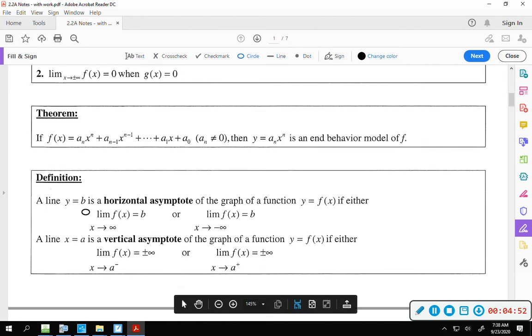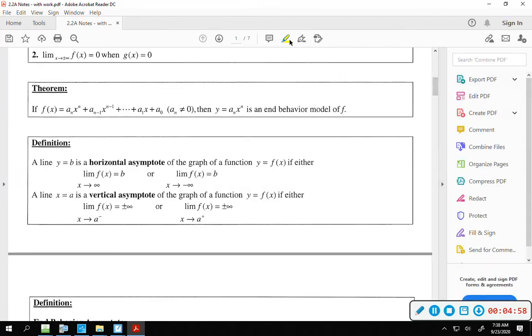Here, this is what's really important. This part right here. So I'm going to highlight some areas and hopefully you highlight it as well. A line y equals b, that's a horizontal line. Y equals a constant, is a horizontal asymptote of the graph of a function y equals f of x if either one of these are true.